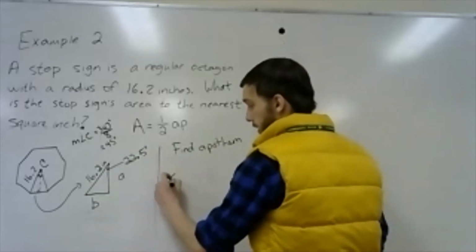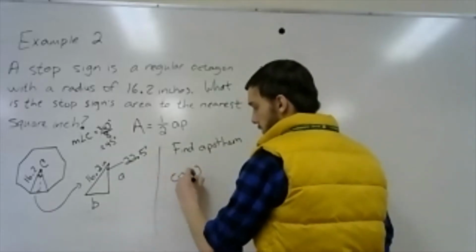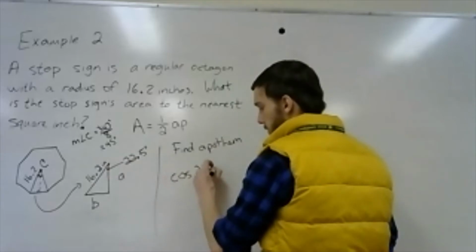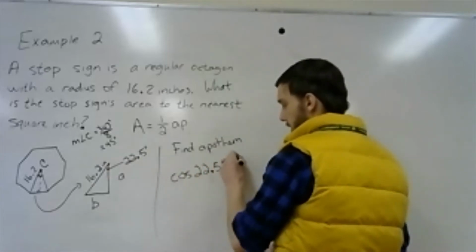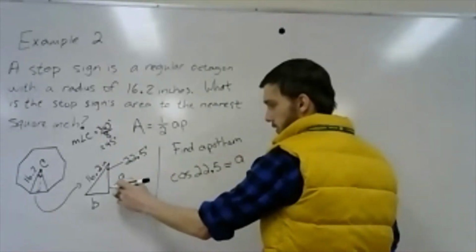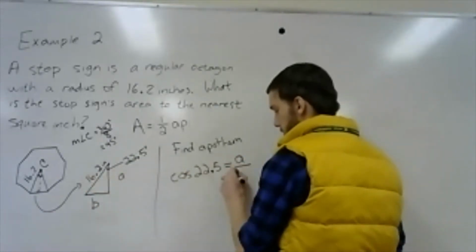So that looks like the cosine of 22.5 degrees equals our adjacent side over our hypotenuse.